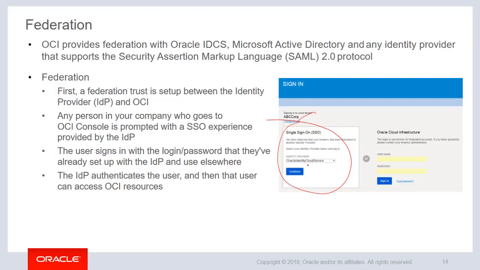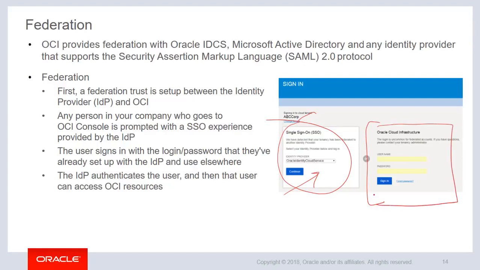IDP authenticates the user, and then that user can access OCI resources. Now, alternatively, if the federation is not set up, you could use your own authentication, which we saw earlier. One of the three mechanisms: provide your username and password, and you can authenticate and access OCI resources.